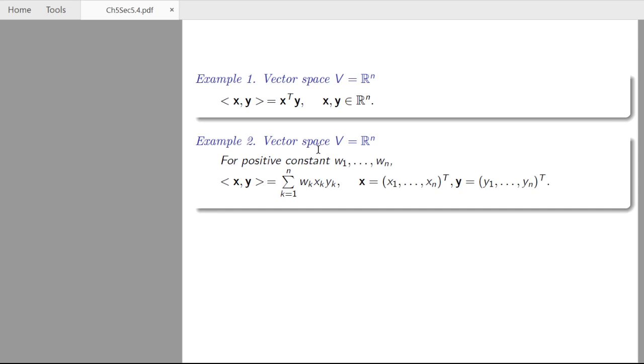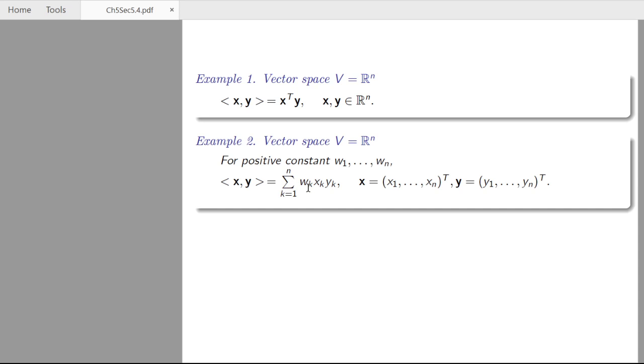Example 2. In this case, we still take V equal to Rn. We assume w1, w2 to wn are positive constants. Then we define the operation between two vectors in Rn in this way. Now this is a summation.